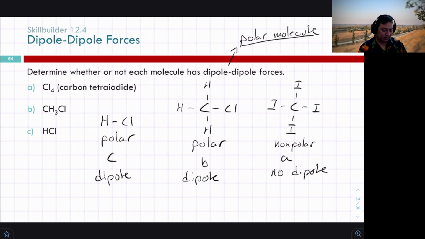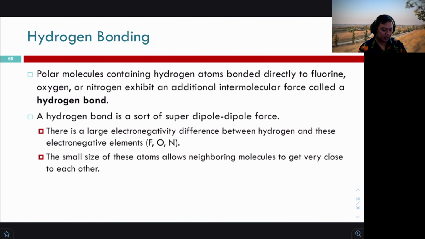All right, so we determined those dipole-dipole forces. Now we're moving on to a stronger force than dipole-dipole forces. This is a special one, called hydrogen bonding. So we started with, and I'll do it like this, if this is the weakest, and then we put strongest.